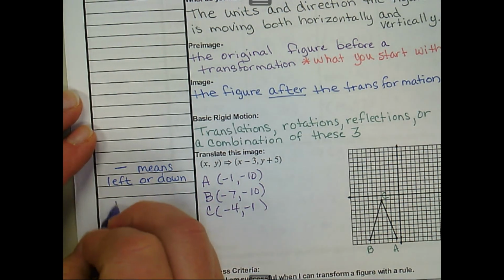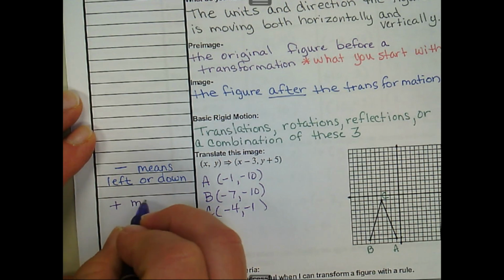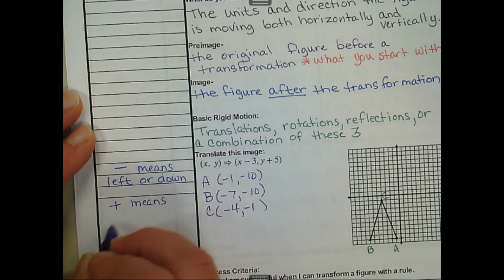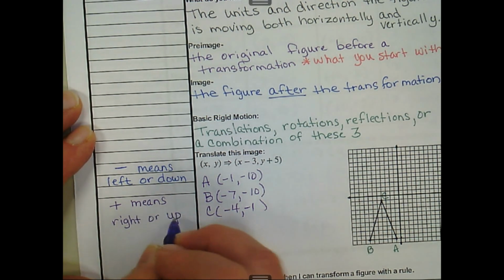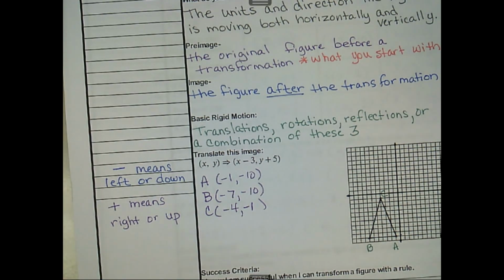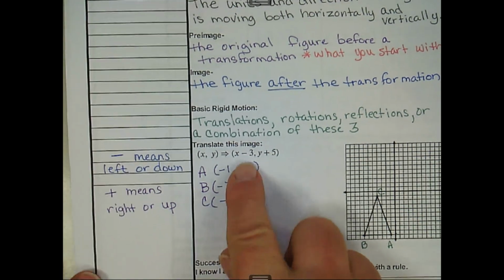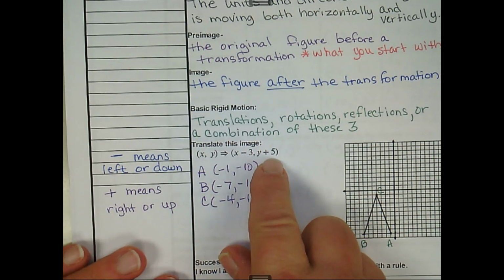If you're adding, it means right if it's for the x, or up if it's for the y. So let's look and see. We're going to go 3 units to the left, 5 units up.